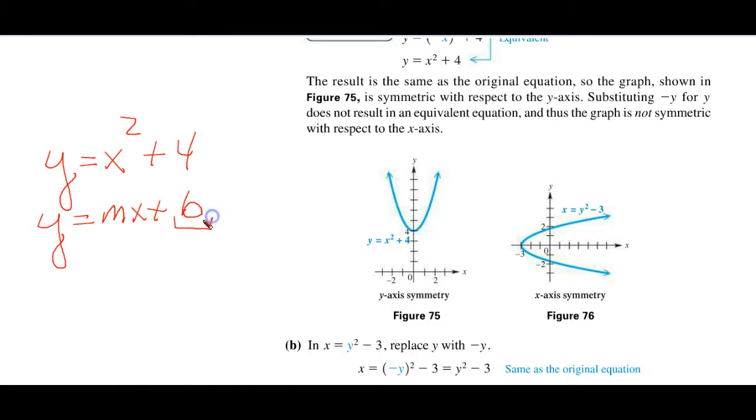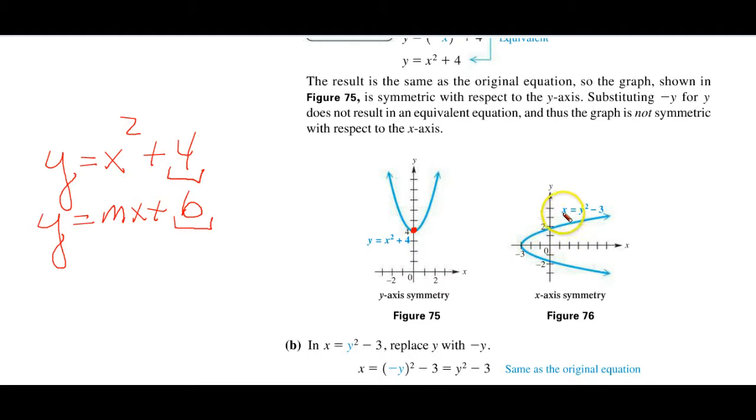What did we say b was? Well, it was our y-intercept. And in a situation like this, is 4 our y-intercept? And the answer is absolutely. So we see then, by looking at this as a parabola with our vertex at 4, that there is symmetry to the y-axis.